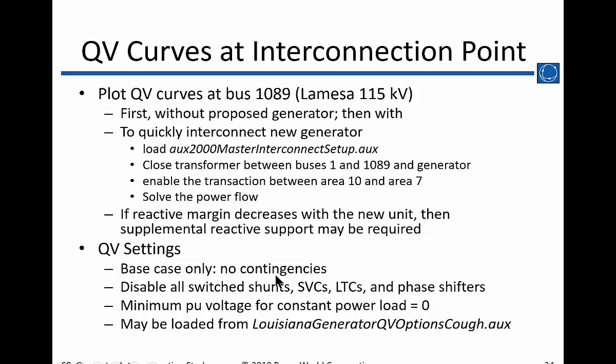So we'll just take a look at the base case without contingencies, and we'll also set our options in the QV to disable switched shunts, SVCs, LTCs, and phase shifters so that we look at what's happening in a steady state or a short-term time horizon.